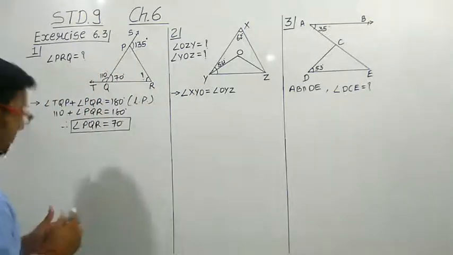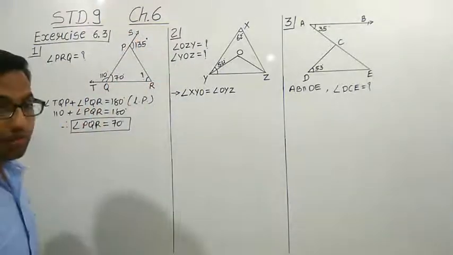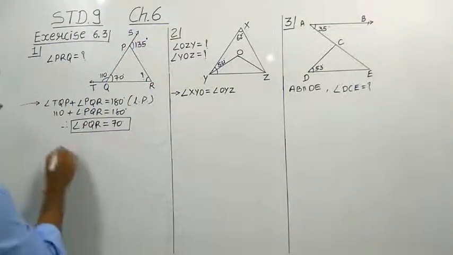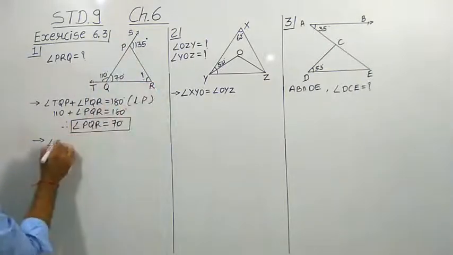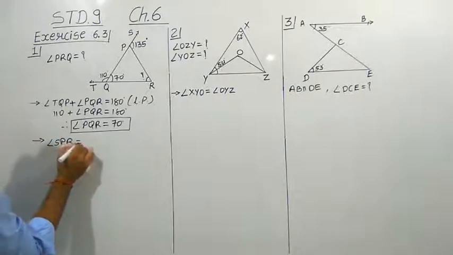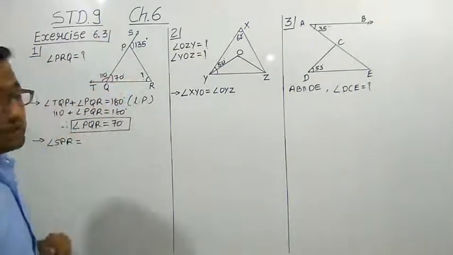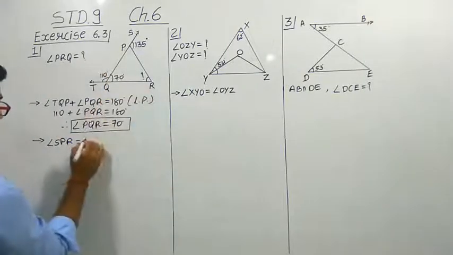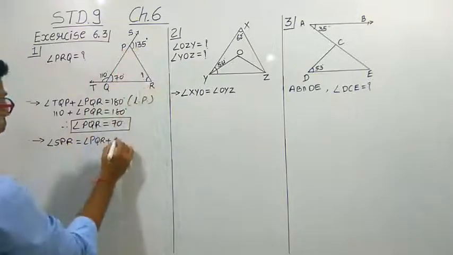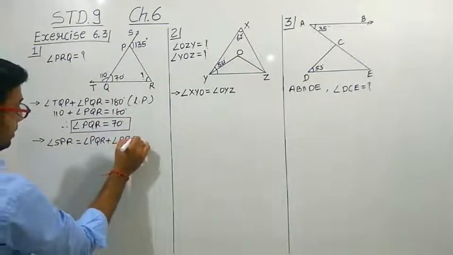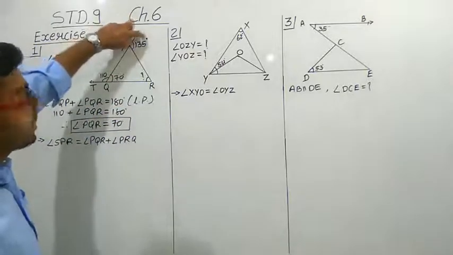Now we want to use this exterior angle SPR, right? According to the exterior angle property, we can write that angle SPR is equal to the sum of the opposite angles. So angle PQR plus angle PRQ, both are the interior opposite angles for this exterior angle, right?